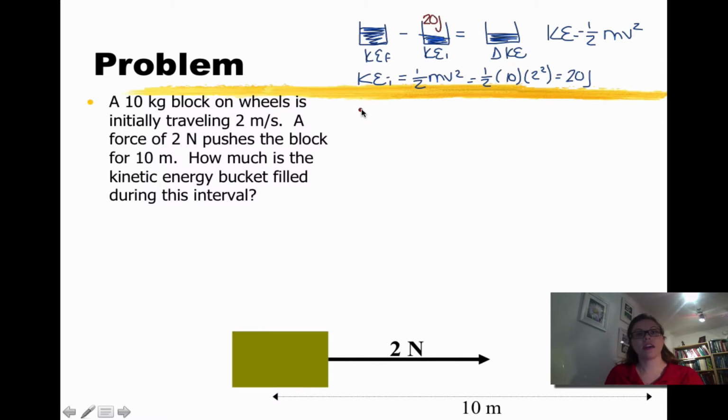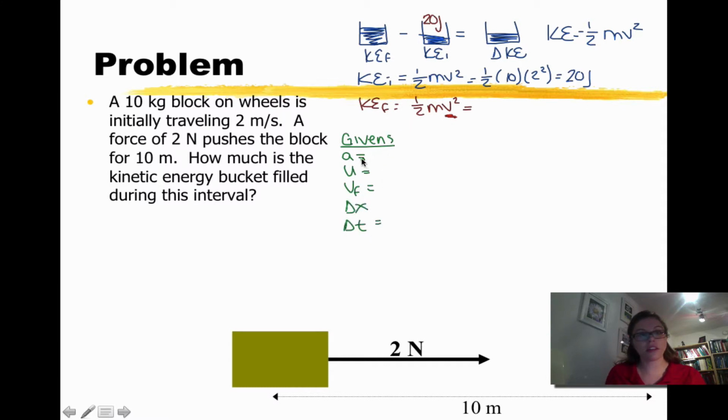All right, so now we need to know kinetic energy final. Kinetic energy final is equal to 1/2 mv squared. We need to solve for this final velocity. Well, we could go to kinematics. So we have our givens: a, Vi, Vf, change in x, change in time.